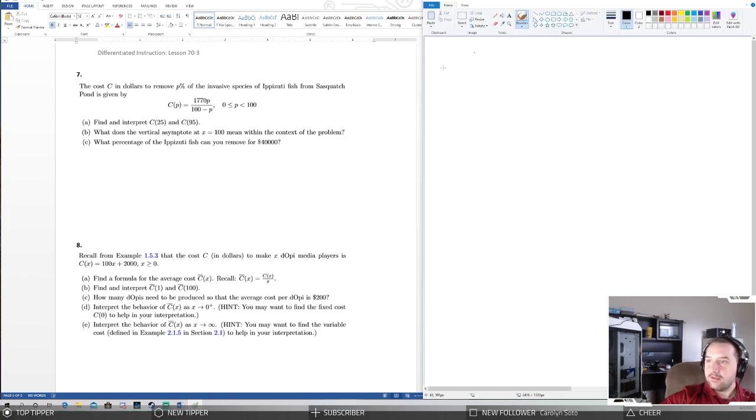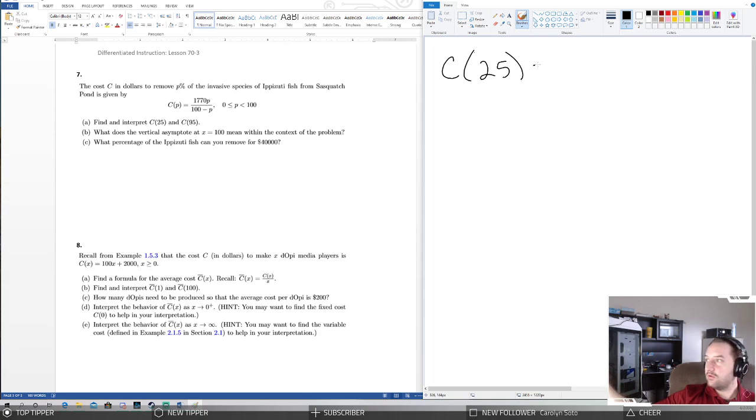All right. Number 7, it says the cost C in dollars to remove P% of the invasive species, the Asymptote fish from Sasquatch Pond, is given by that equation. Find and interpret C of 25 and C of 95. So C of 25 is the cost to remove 25% of the species of fish.